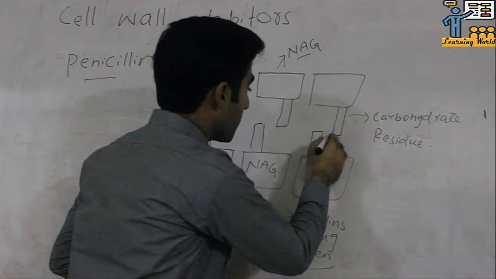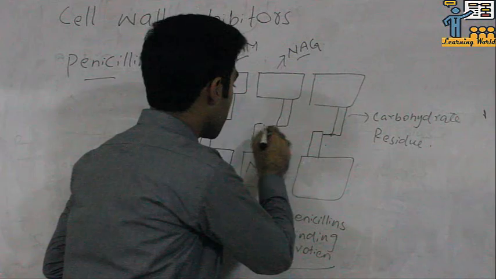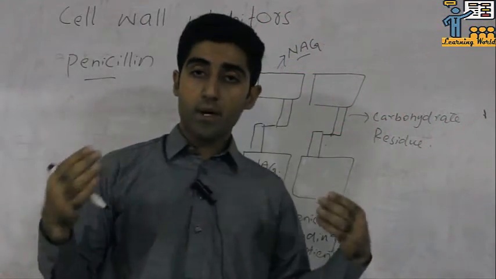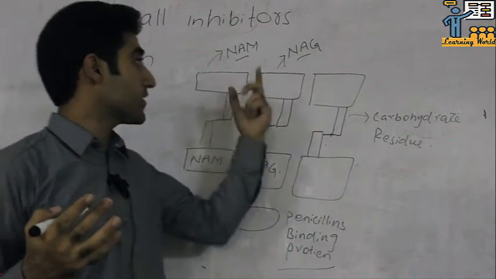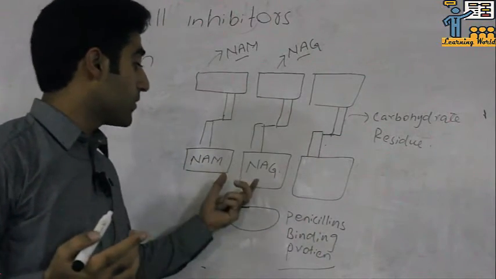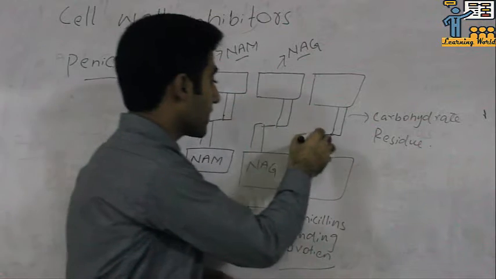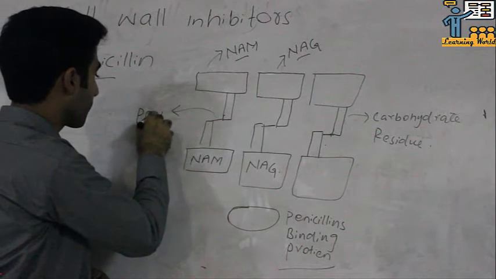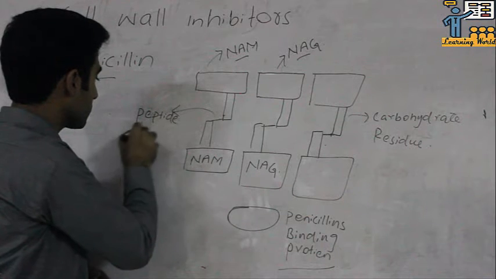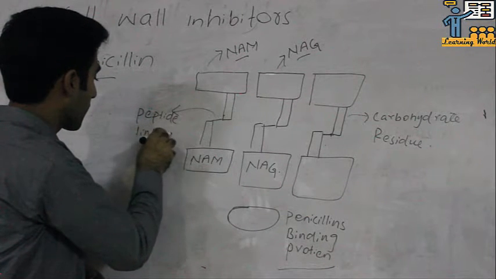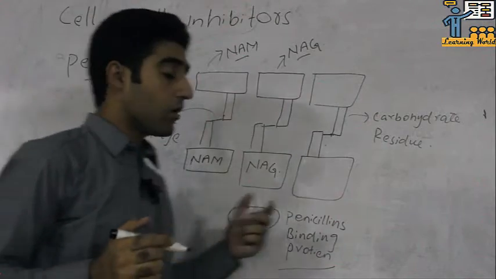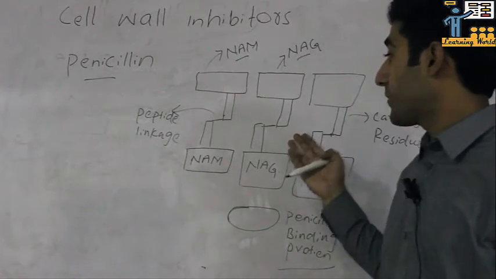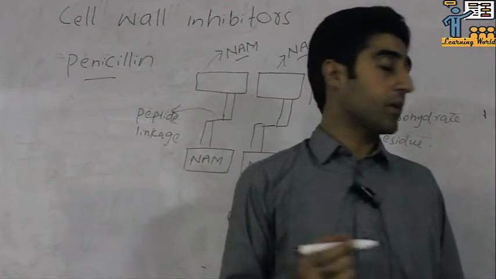Here peptide linkage is present between the carbohydrate residues of the upper side, N-acetyl muramic acid or N-acetyl glucosamine, and the lower side. This is the peptide bond or peptide linkage. The most important enzymes are present here at the center of the peptidoglycan layer of the cell wall of the bacteria.